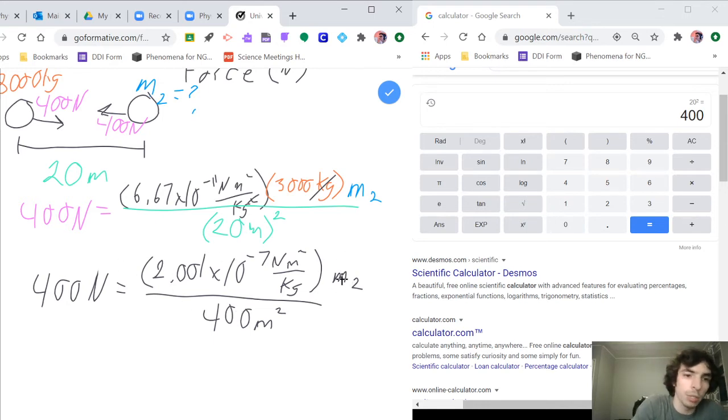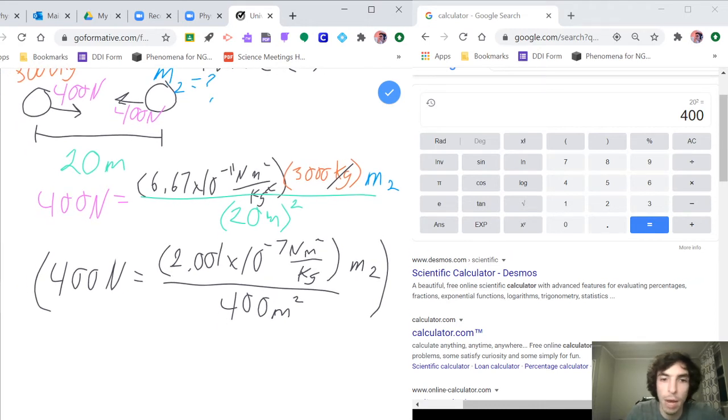There are a couple different ways that you could go about this. The way that I'm going to do this is basically to bring this 400 meters squared to the other side. I wish I hadn't picked the numbers that I had here because it's going to be a little confusing, but I'm about to cancel out our 400 meters squared. I'm going to do the opposite of whatever's happening with this 400 meters squared over here.